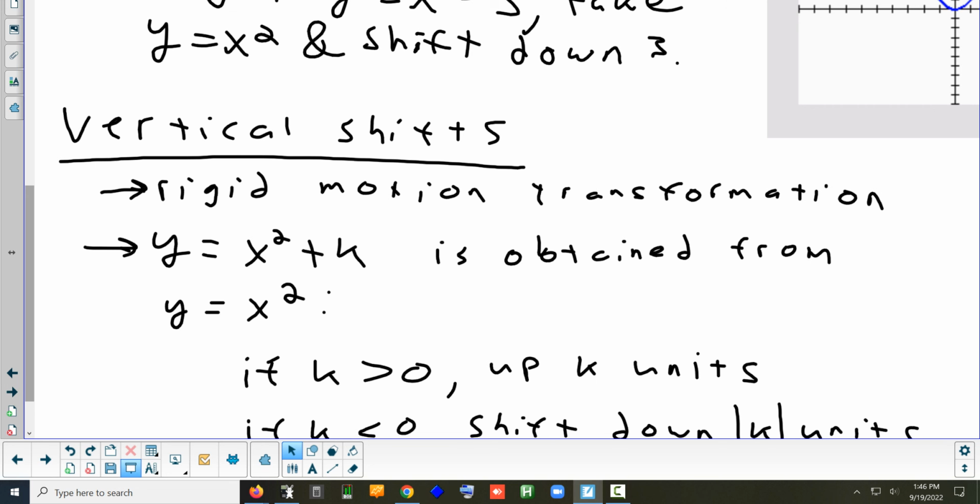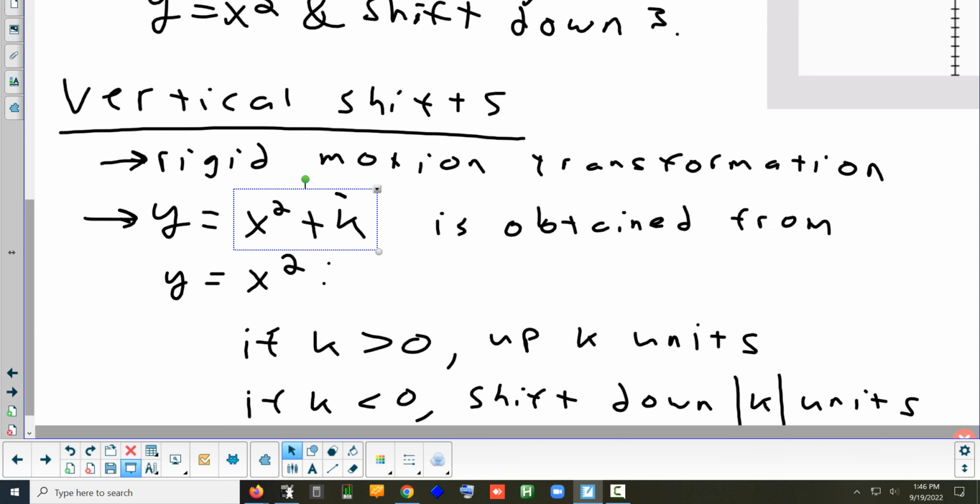And in general, if you have y equals x squared plus k, if k is a positive number, if what I just circled is greater than 0, it will go up. If this is less than 0, it would go down.